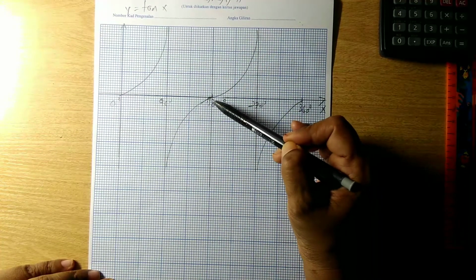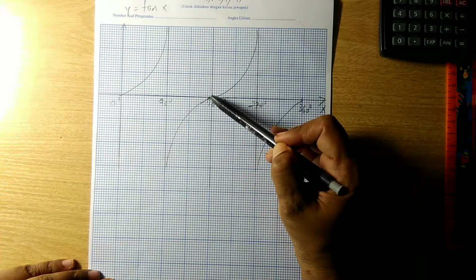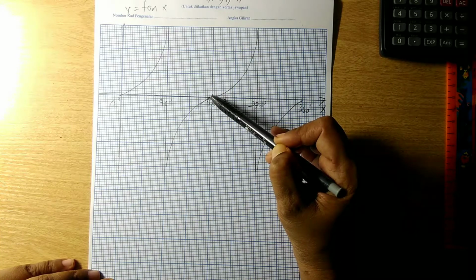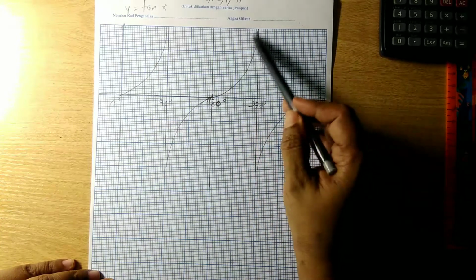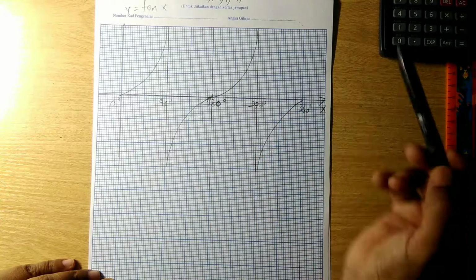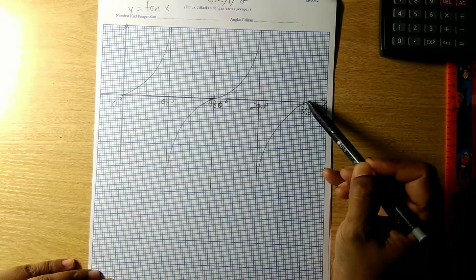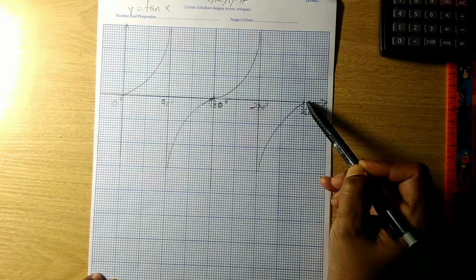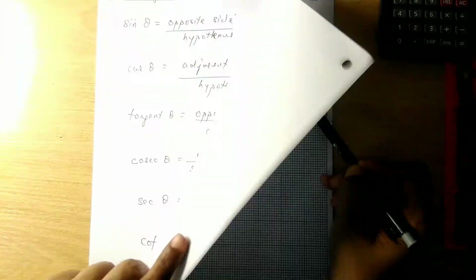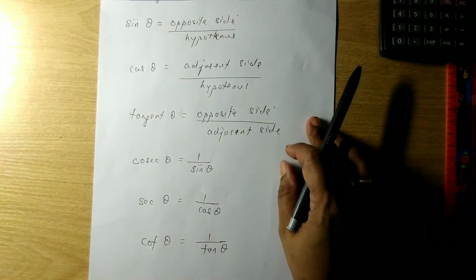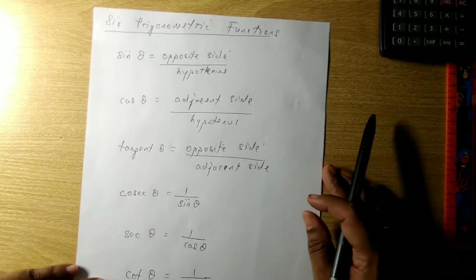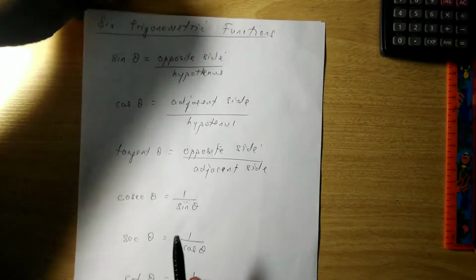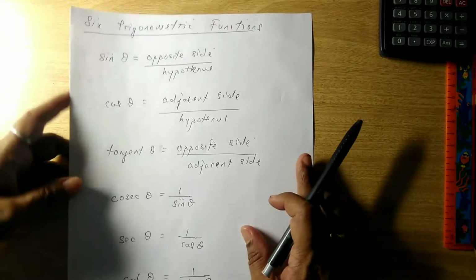At 180 degrees, the graph reaches 0, and at 360 degrees it is 0 again. This is the graph of tangent, something you have seen before.